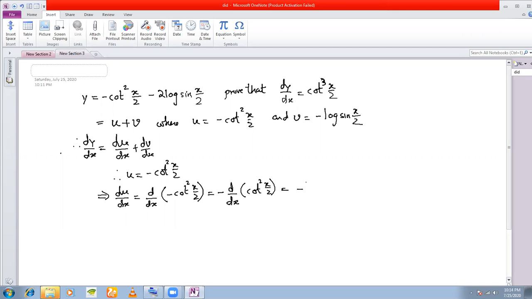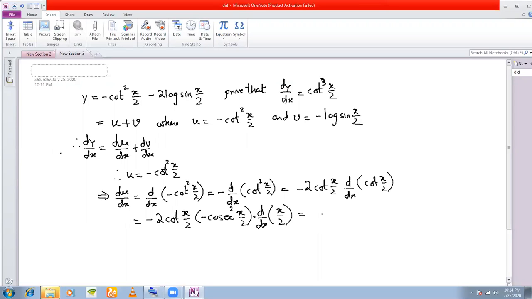First you differentiate the power, so you get twice cot x by 2 into the d dx of cot x by 2. Next you differentiate cot. What is the differentiation of cot? Minus cosec square. And then you differentiate what is within the cot, which is x by 2.